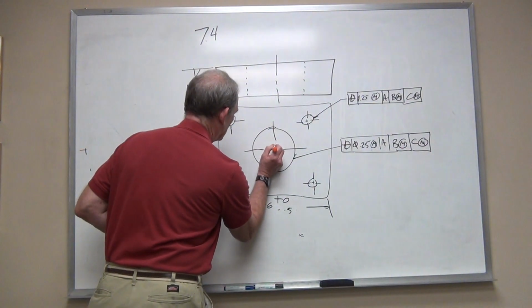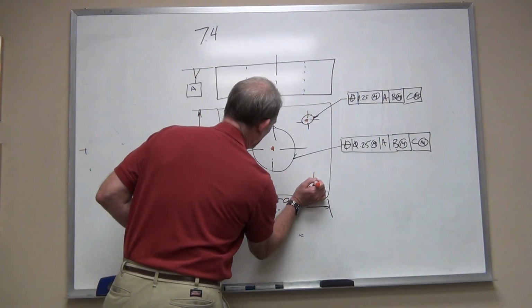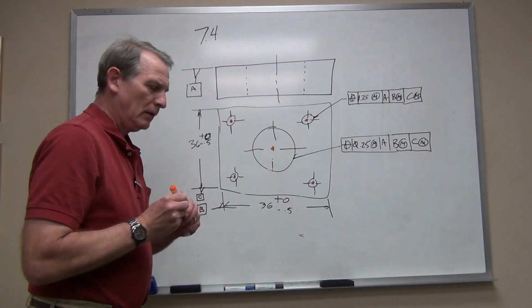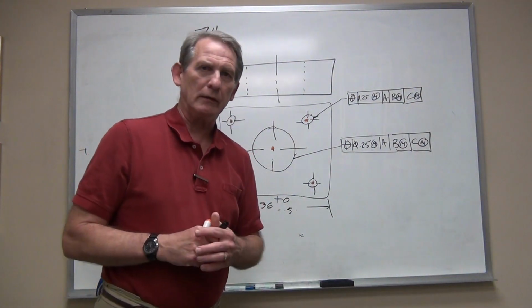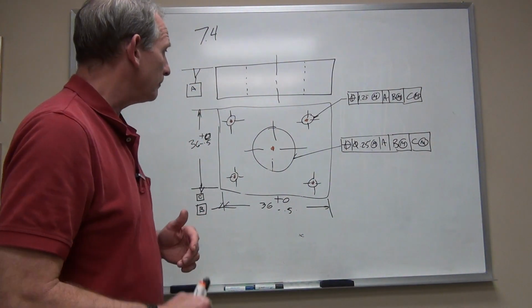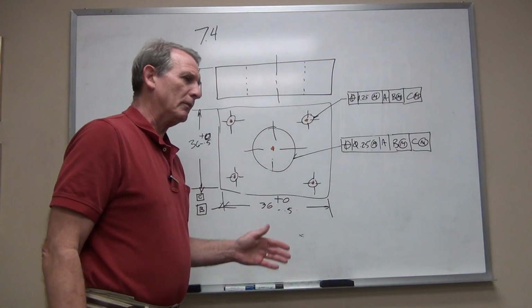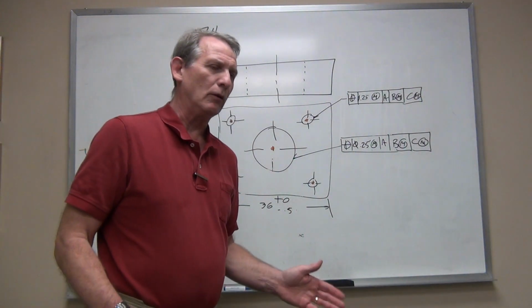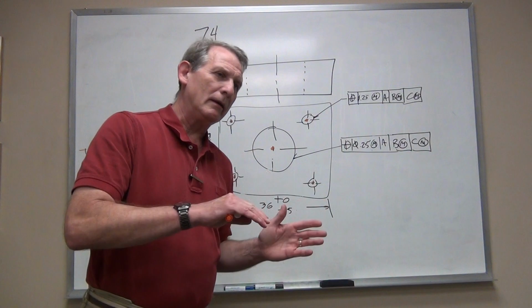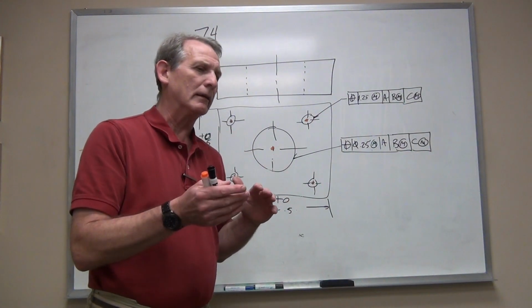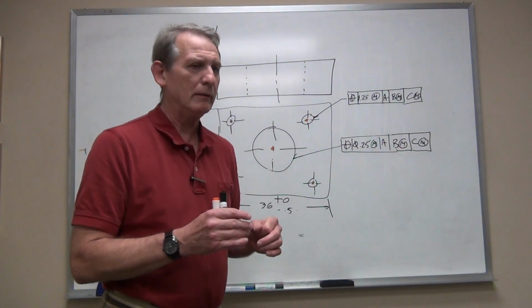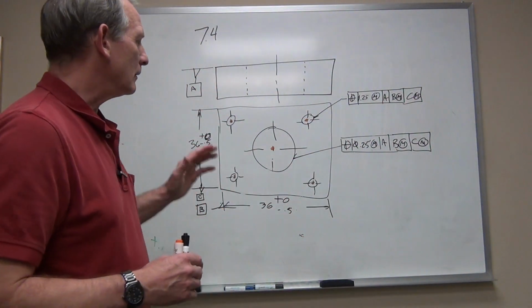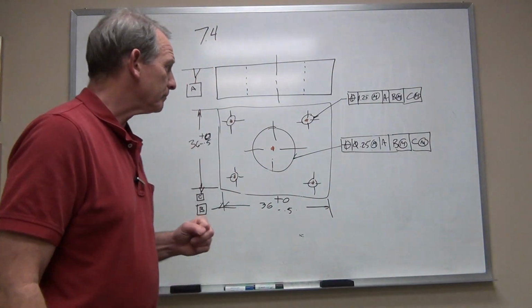And at each one of those basic locations, there'll be a defined tolerance zone that the cylinder, or the derived median element or the center line of that hole, has to fit within. And if you remember from last video, once that tolerance zone is there, the hole can tip, the hole can bend, or the center line can tip, the center line can bend, the center line can move fore and aft, back and forth, it can translate, as long as it fits within that cylinder.